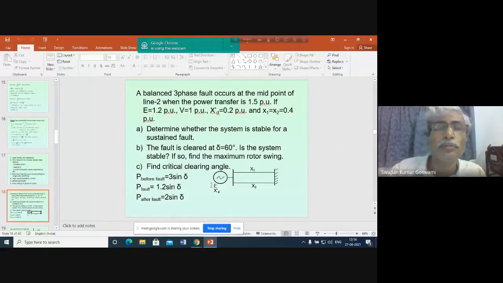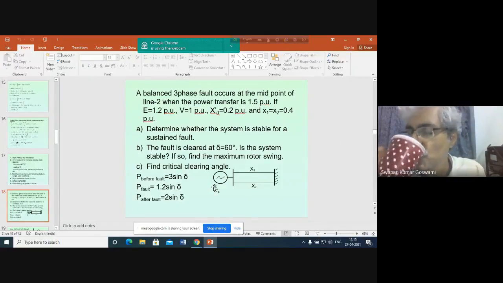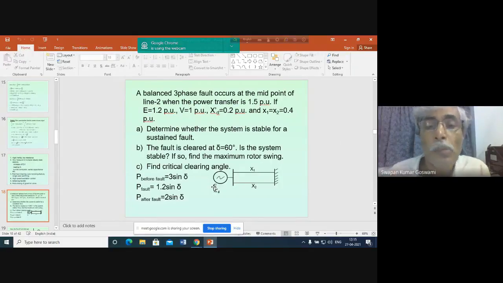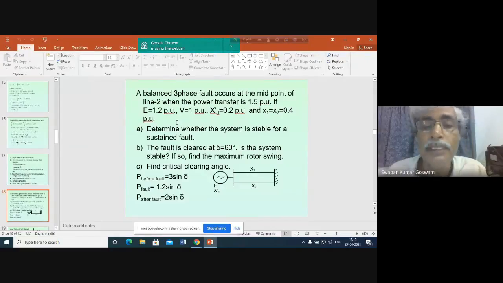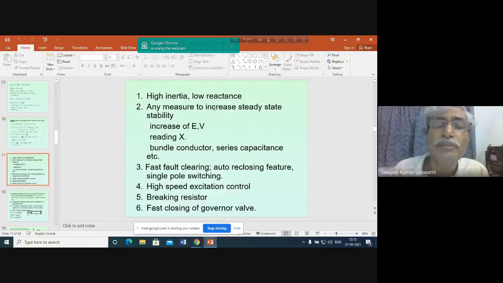Then I shall go on to discuss the methods for improving transient stability, or methods for improving stability in general. Is it clear? Both the examples? Yes, sir. Okay. If you have no doubt, then let us discuss a few points regarding the improvement of transient stability, because I shall be taking your class up to 12:30.